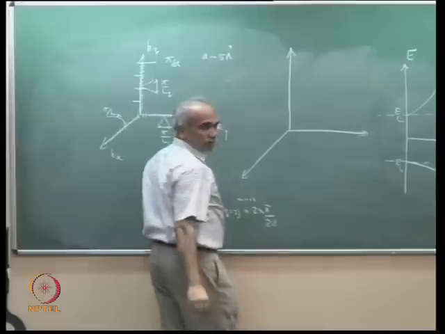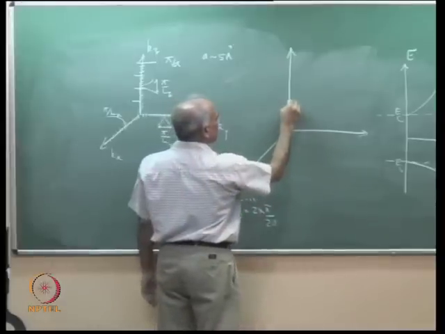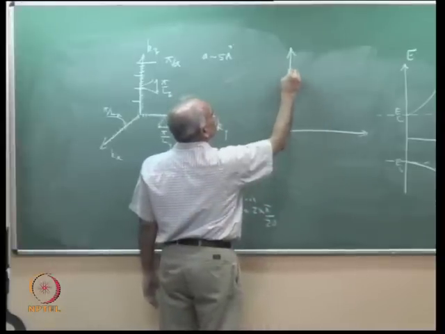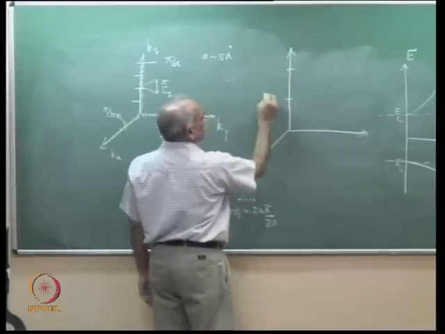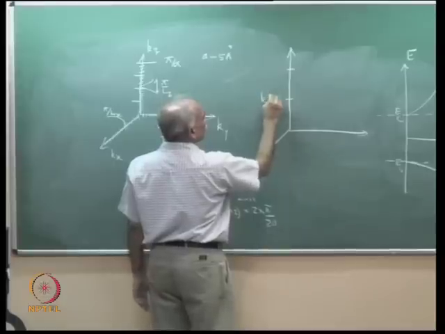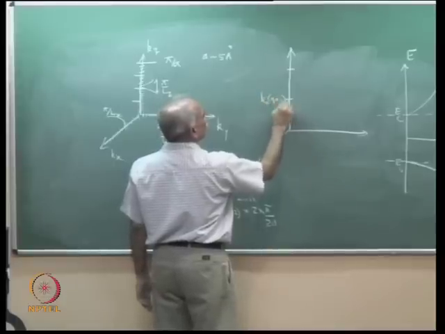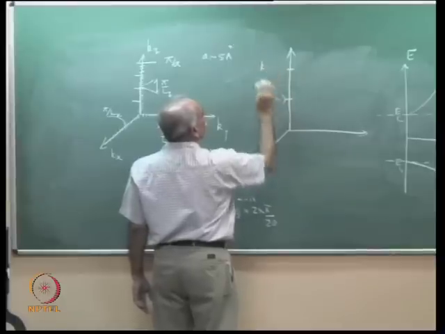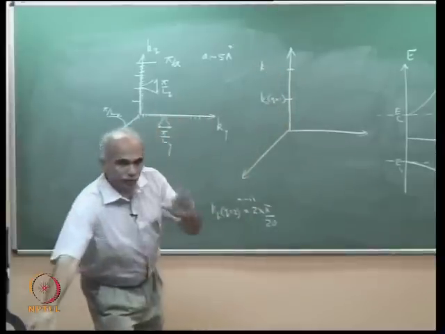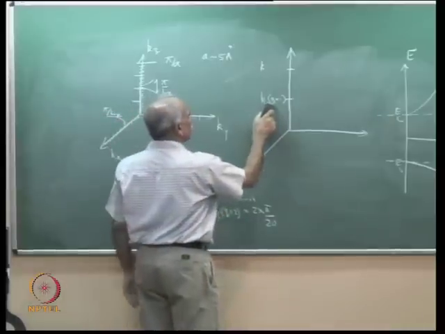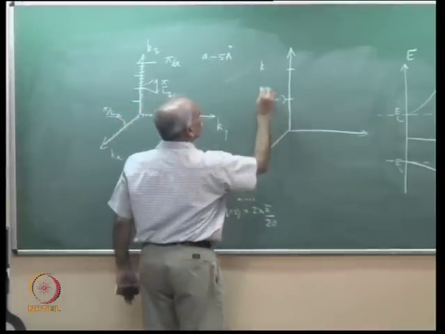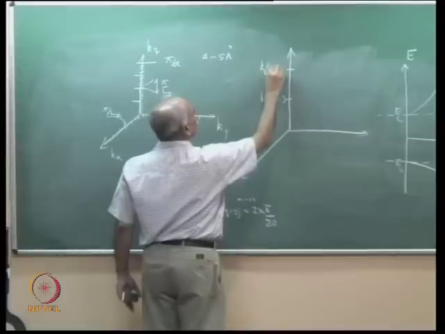In the K space, now I have the first allowed point here and the second allowed point here. Let us say this is for Kx, for Q equal to 1 and Kz, Q equal to 2.